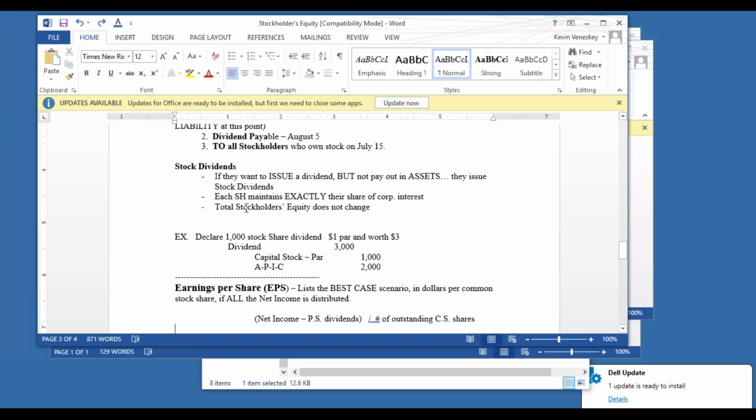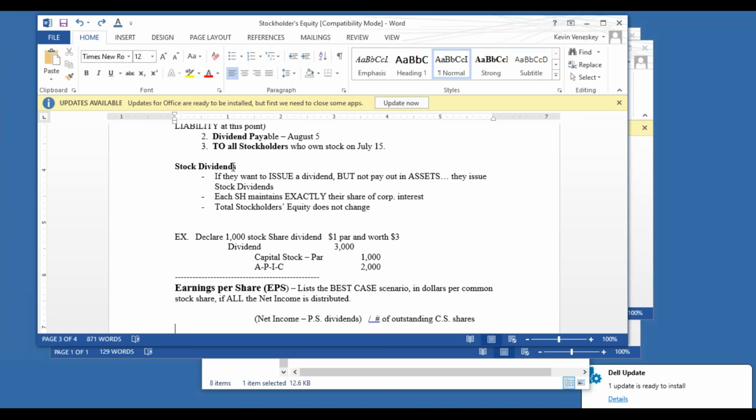With a stock dividend, some companies may want to continue to issue dividends because they have a reputation for issuing dividends, but they may be short on cash at a certain point of the year. What they could do is offer a stock dividend. A stock dividend is simply giving your current stockholders, instead of cash, more pieces of stock.